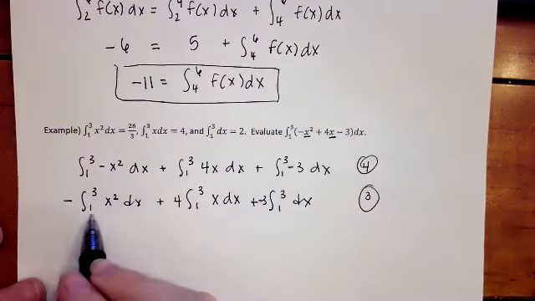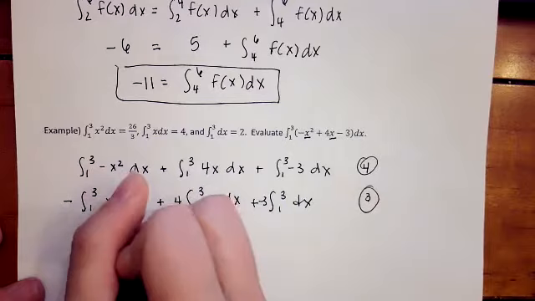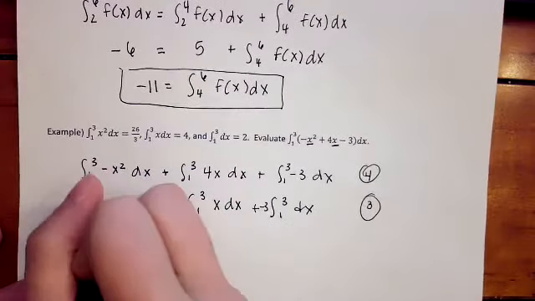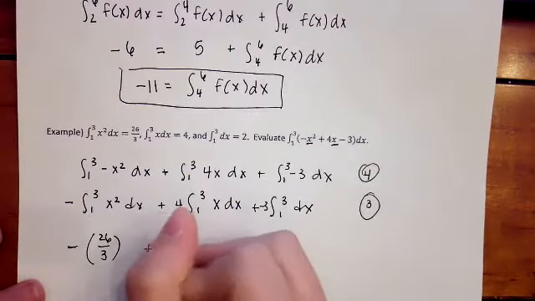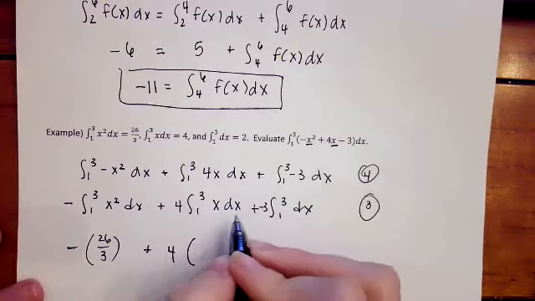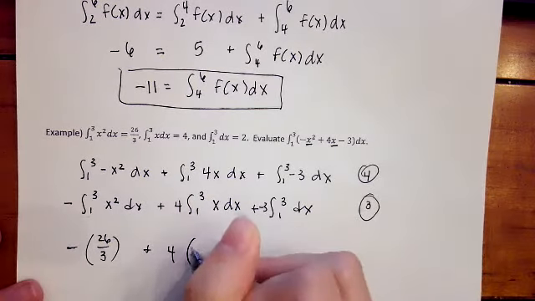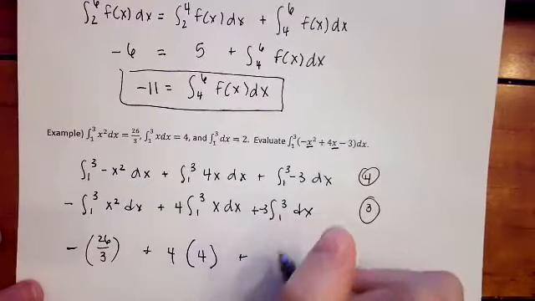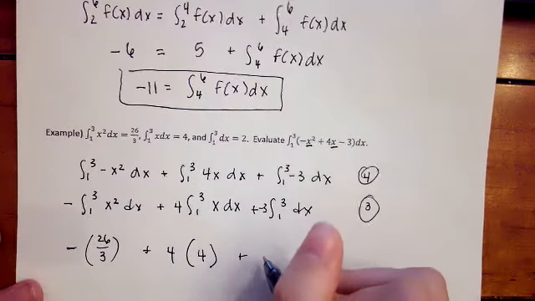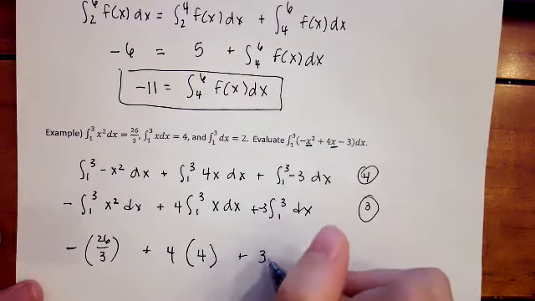Well, now I know how to evaluate this. This is 26 over 3. Don't forget you have that negative outside the integral. We know the integral of x from 1 to 3 is 4. And we know the integral of dx from 1 to 3 is 2.